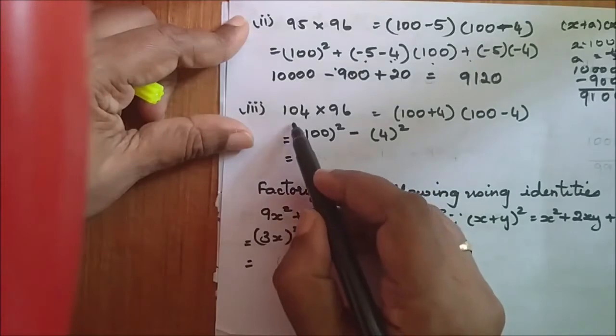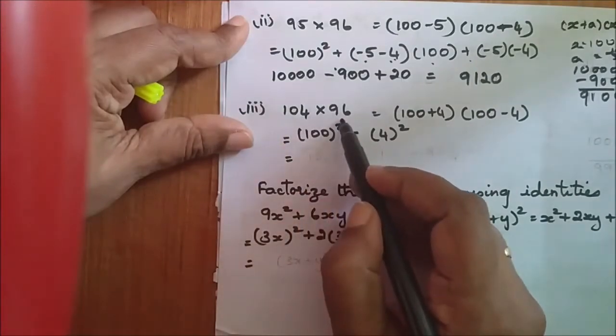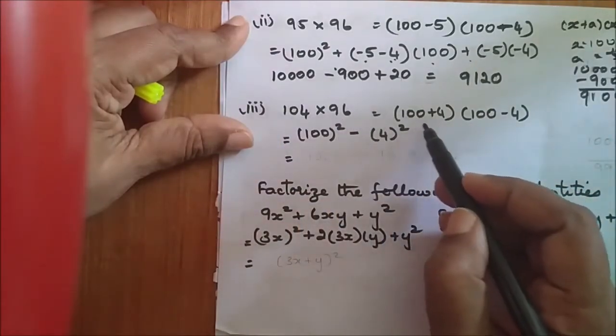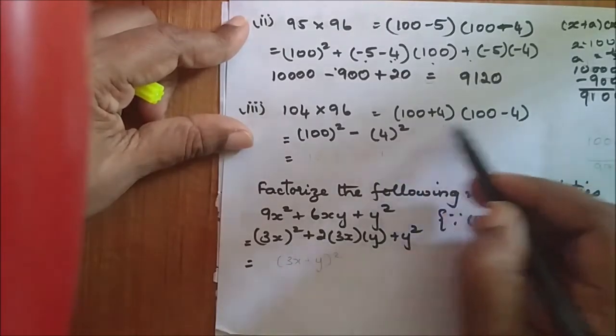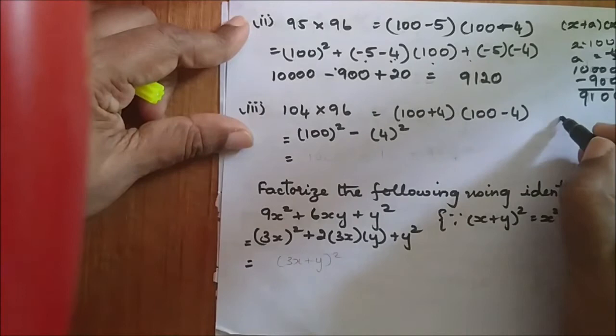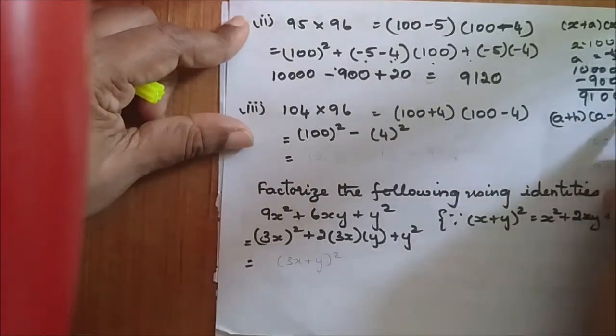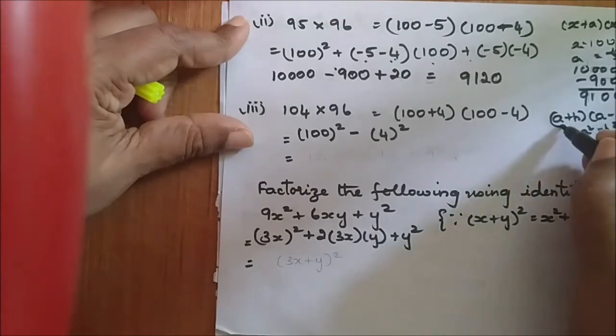The next problem is 104 into 96. This can be written as 100 plus 4 into 100 minus 4. Now what is the identity it resembles? It resembles a plus b into a minus b, which is equal to a squared minus b squared. Here a is 100 and b is 4.